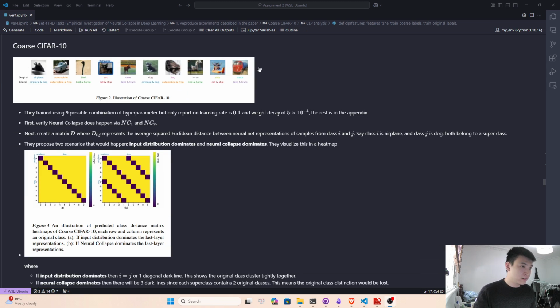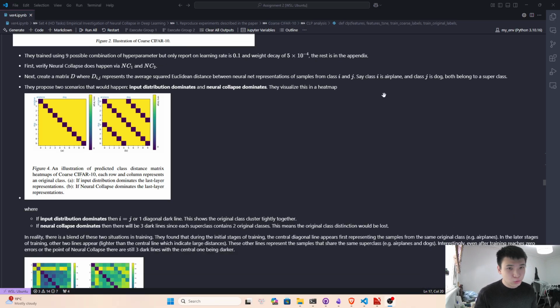So in this example, it's shown that there are originally 10 labels, but I'll be combining 2 of them each into one superclass, and there are 2 scenarios that may happen with this, which is the input distribution dominates and the neural collapse dominates.